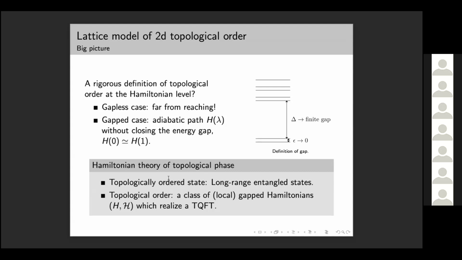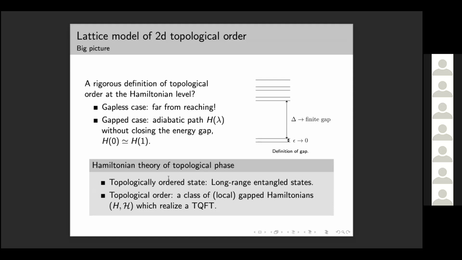Why do we usually talk about topological order in gapped systems? Because for gapped phases, we have a good understanding of the Hamiltonian theory, since we can define an equivalence relation between different Hamiltonians.